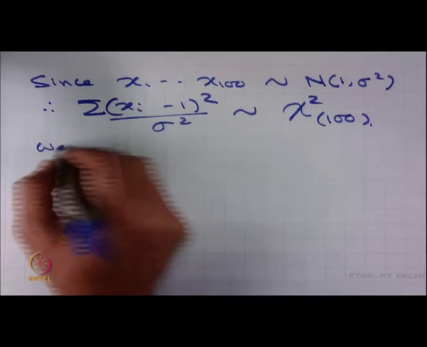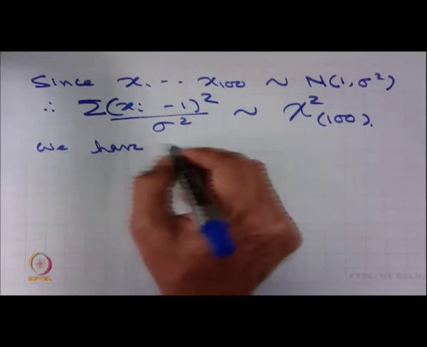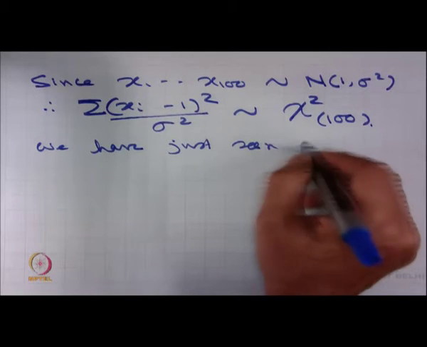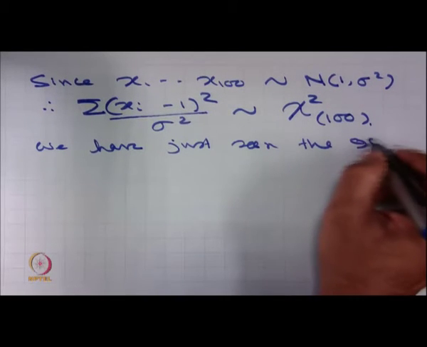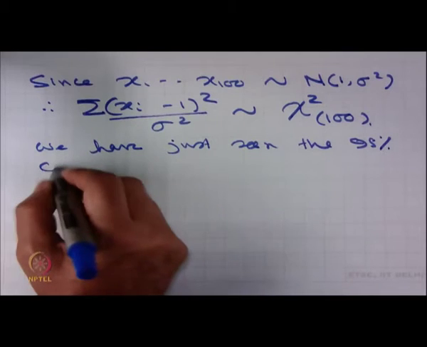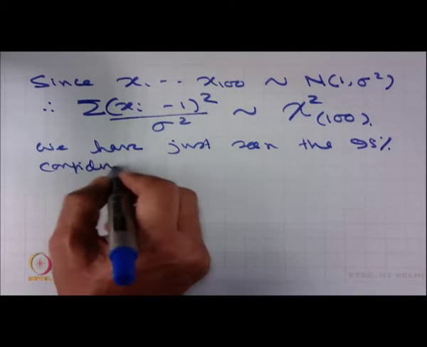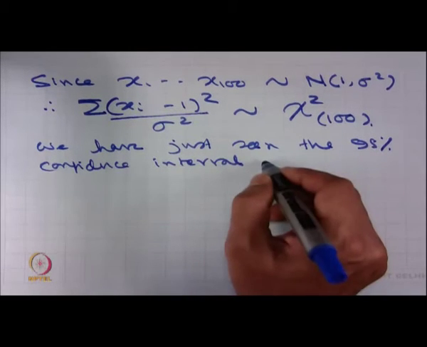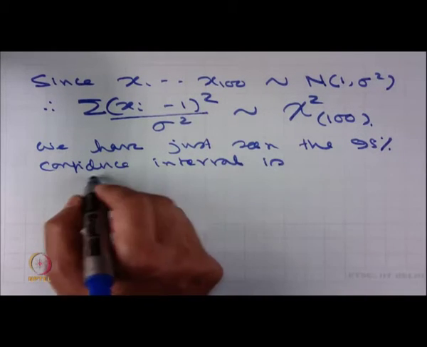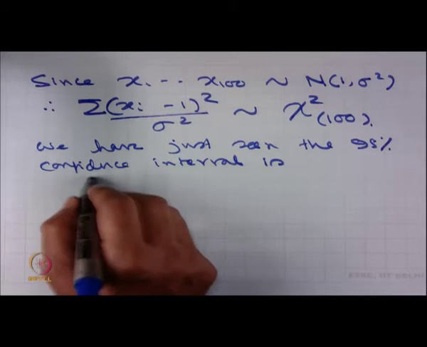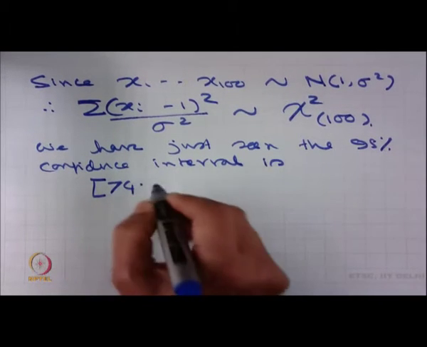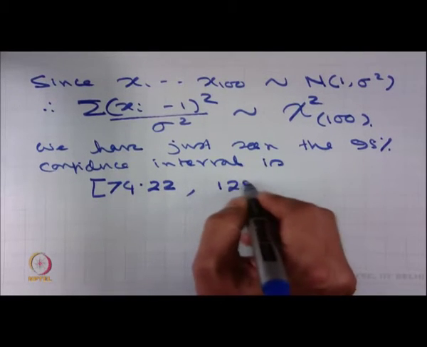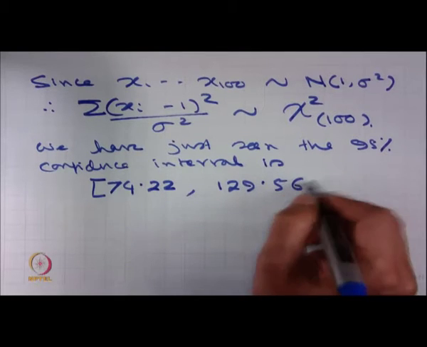We have just seen the 95% confidence interval is 74.22 to 129.56.